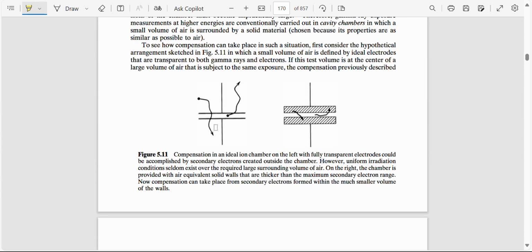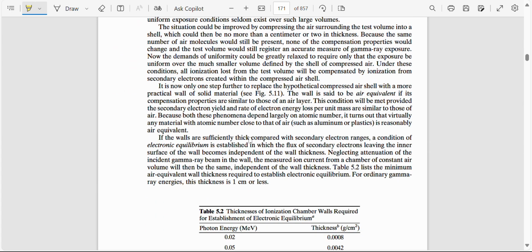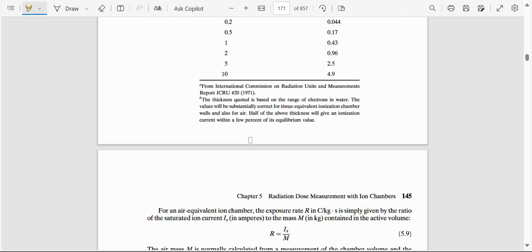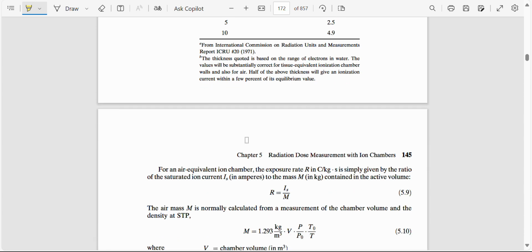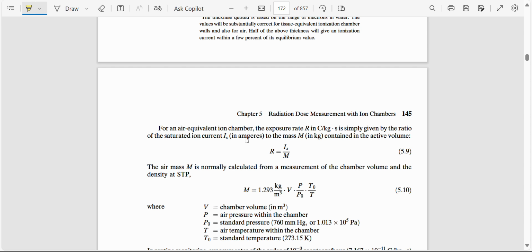You can see how these tracks are formed between the two plates. So as I mentioned, what is exposure here? You can ask the question: what is exposure?